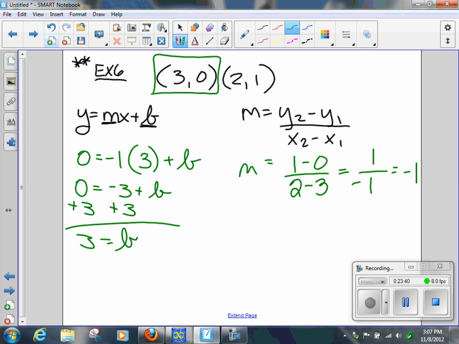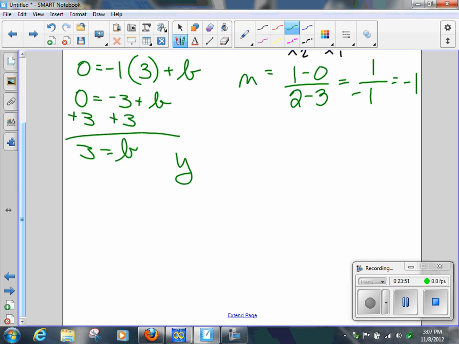Okay, I'm done, right? Where'd you get the negative 1 from? The m that I solved for a while ago. And where did you get the 3 from? The b that I just solved for. Can I clean that up a little bit? How can I clean that equation up?